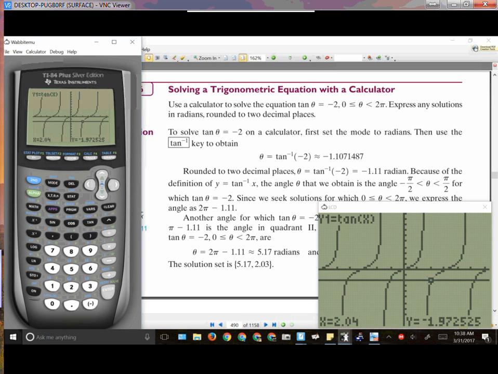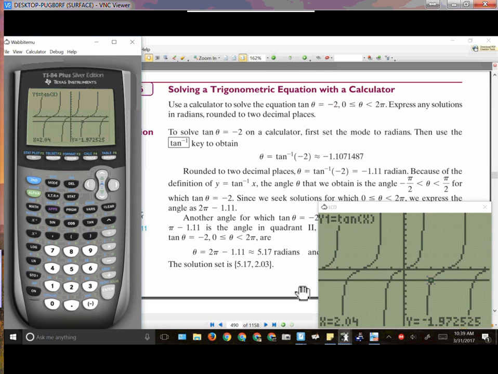But it's just another way of coming up with a value. The problem with the unit circle is it's only identified out in specific places. Okay, the calculator can provide you a lot more possibilities. But I'm still waiting for you to notice one thing that isn't quite right yet.